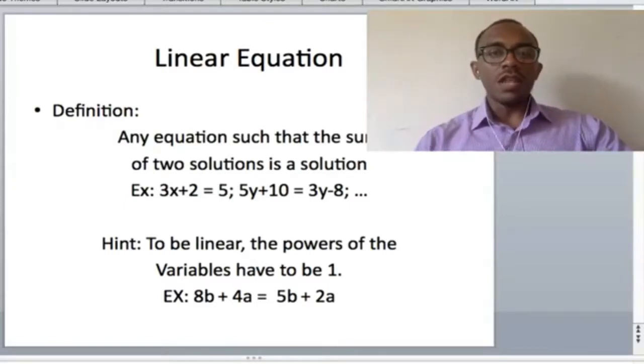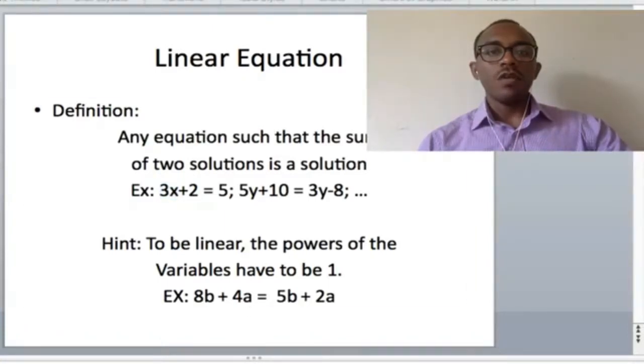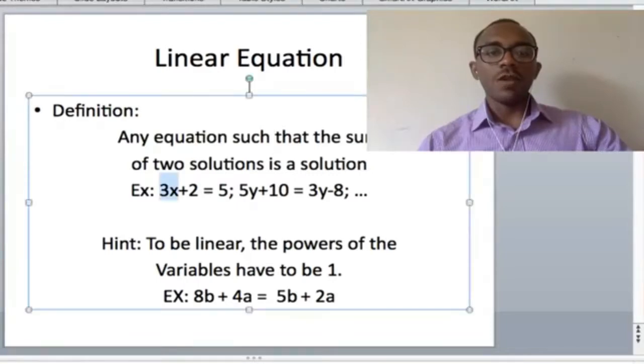As you can see on the screen, there's a hint. The hint says that to be linear, the powers of the variables have to be 1. Looking at the first one, the variable is x, and the power of x is 1.